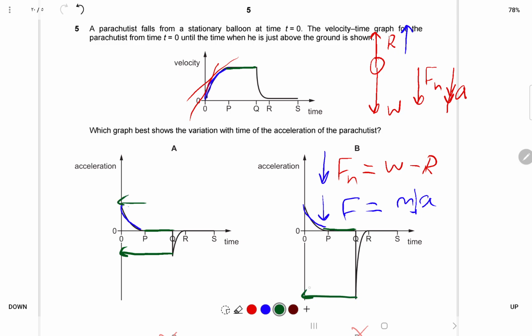So here the gradient is greater. This amount is greater than this amount. So option B is the correct answer.